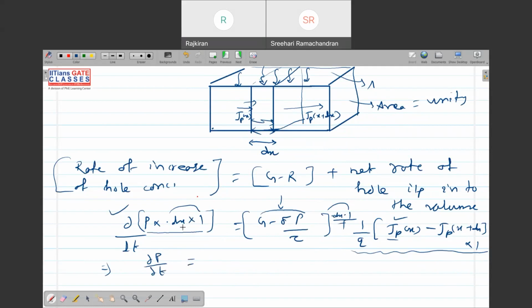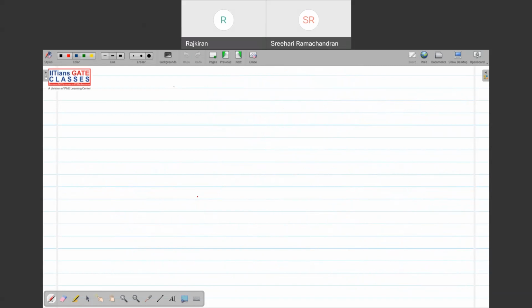So if I divide, dp by dt is equal to g minus delta p by tau, plus 1 by q into JPX minus JPX plus dx, by dx. If dx is very small, then it will be the derivative of current, right? Yes, the limiting factor.